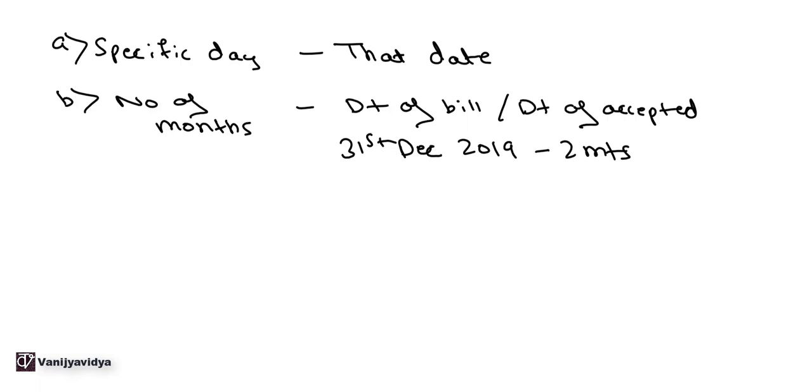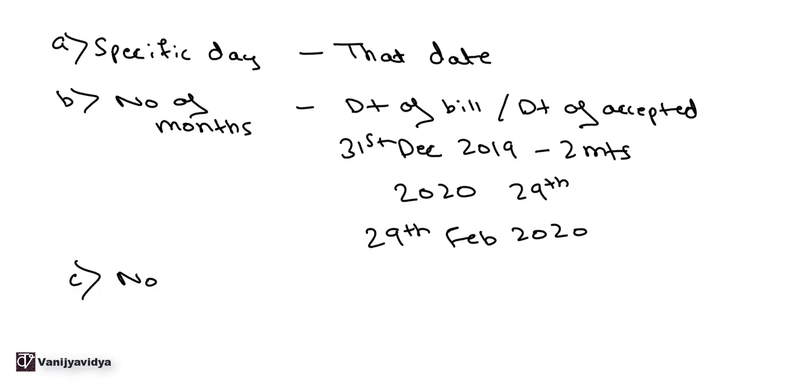So that will be 31st Jan 2020 and 31st Feb 2020. But we do not have 31st in the month of Feb. 2020 is a leap year, so the last day of the February month is 29. So the bill will expire on 29 Feb 2020.